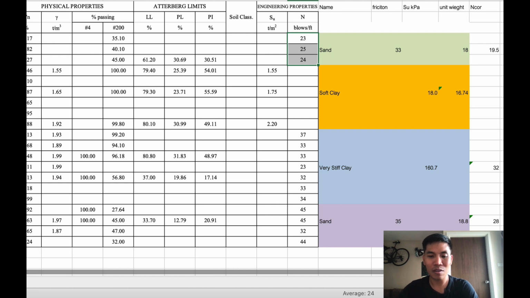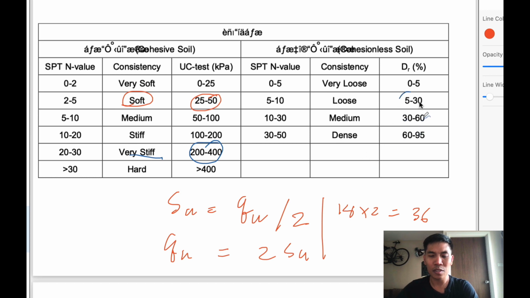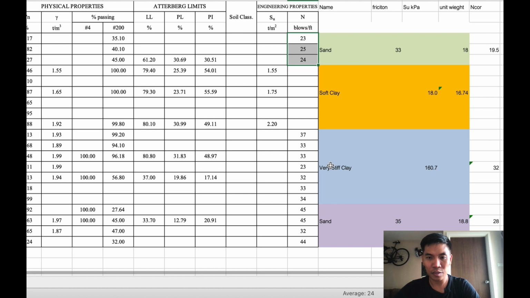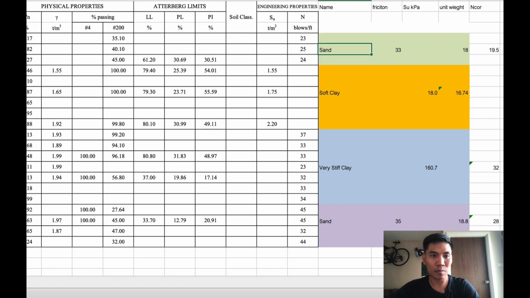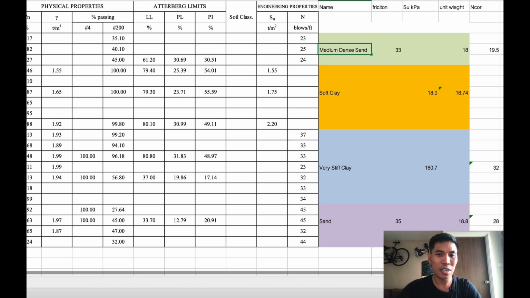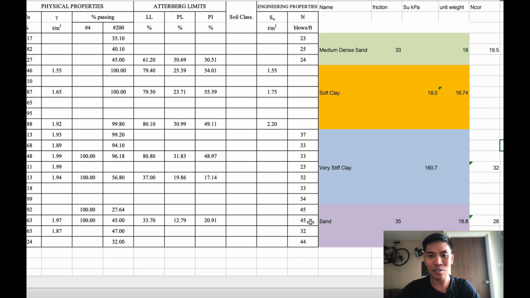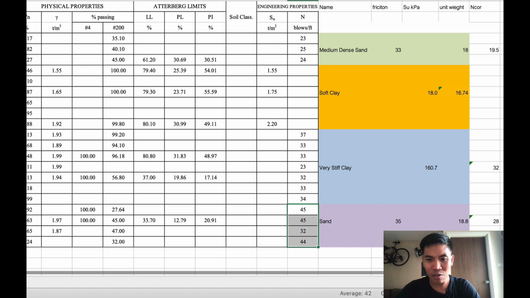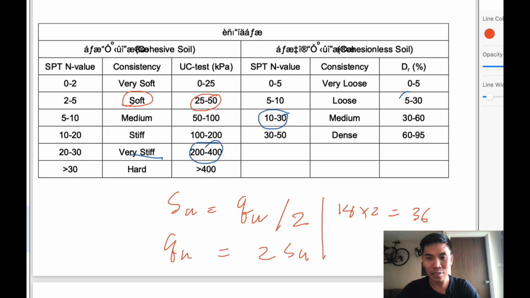So we see from this that 25, 24 is medium dense sand. Okay, it's medium dense sand, and the last one, the N value is about 40 something. Okay, it's still medium dense also, the same. So it just changes to medium dense sand.